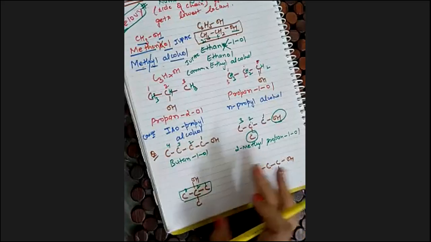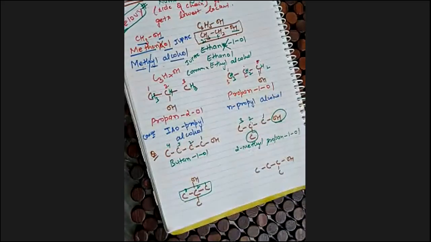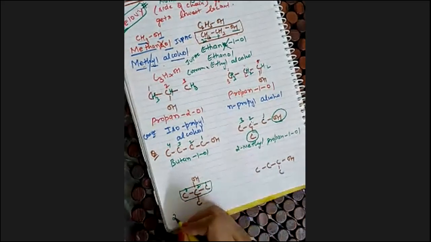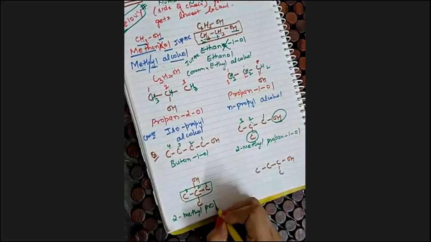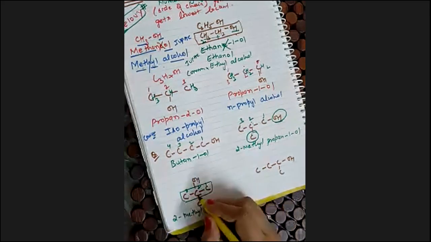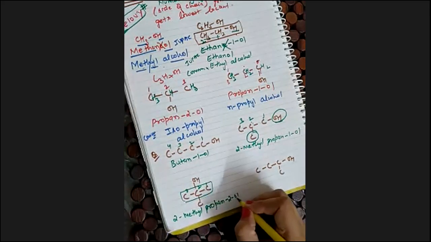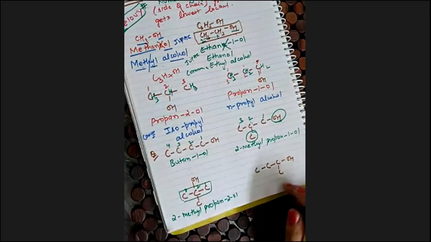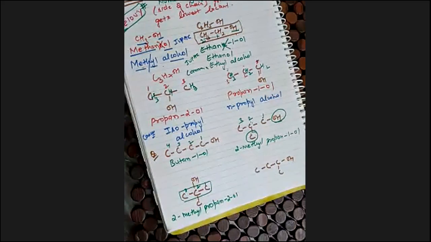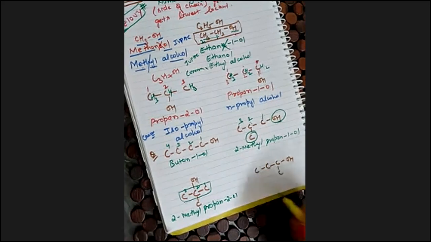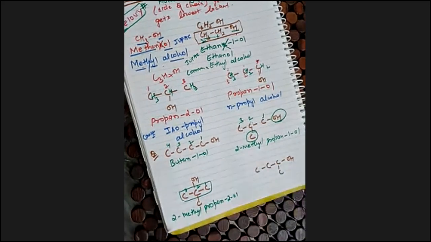I'm taking the straight one to make it normal. So nomenclature, 2-methylpropane. On second carbon, ol is present. So this will be 2-methylpropan-2-ol. Clear? Okay. Now let's go to the next example.